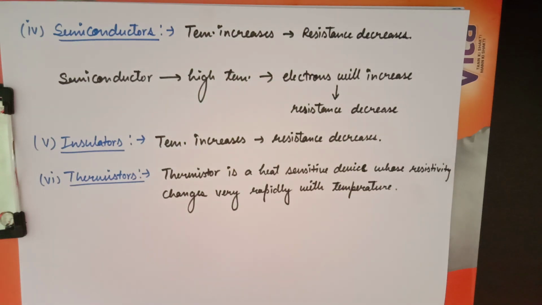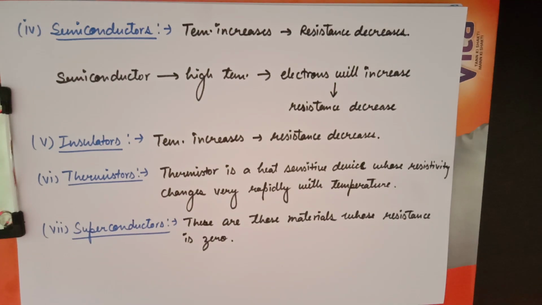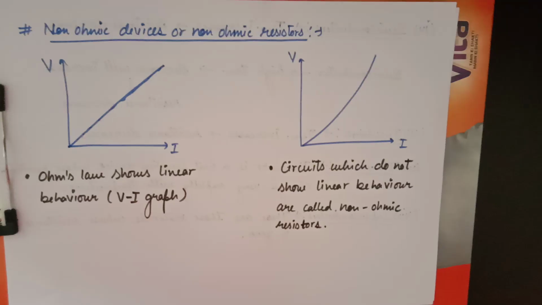A thermistor is a very heat sensitive device whose resistivity changes very rapidly with temperature. For this property, they are used in thermometers. Next is superconductors. As the name suggests, superconductors are those materials whose resistance is zero.